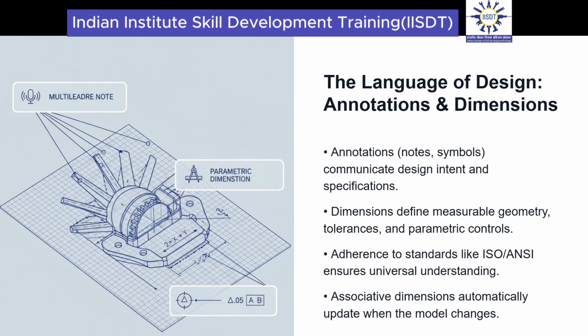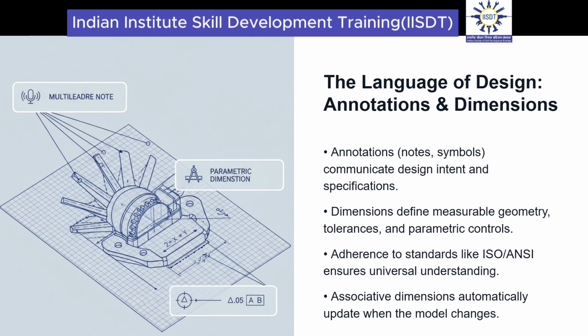Dimensions, on the other hand, define the what, the precise, measurable geometry of the model. But they are far more than just static numbers. In modern CAD, dimensions are often associative and parametric, meaning they are intelligent links that control the model's shape. If you change a dimension from 50 mm to 60 mm, the model updates automatically.